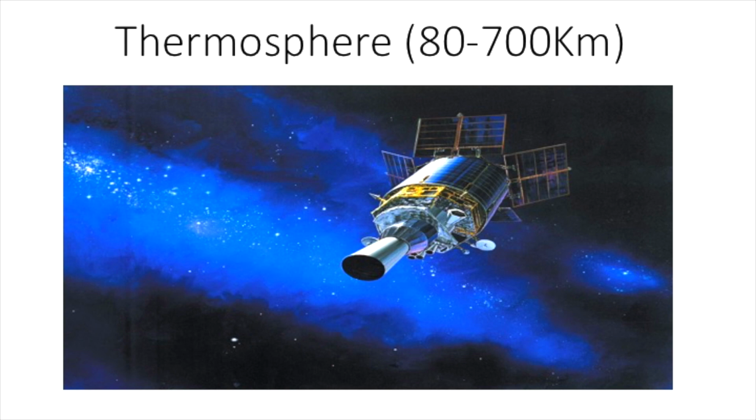Then after Mesosphere, we have Thermosphere. From 80 kilometers to 700 kilometers. In this part of the atmosphere, we have satellites.